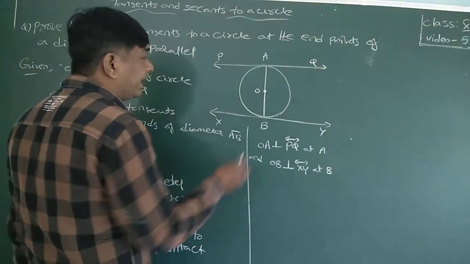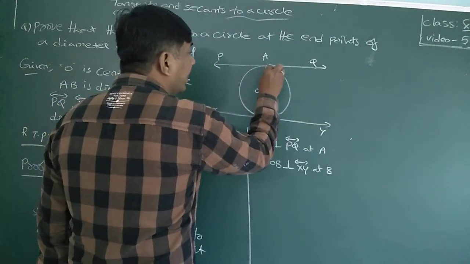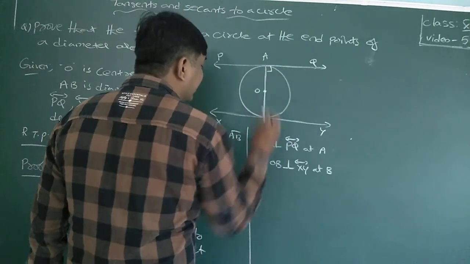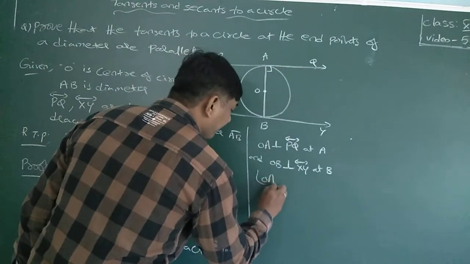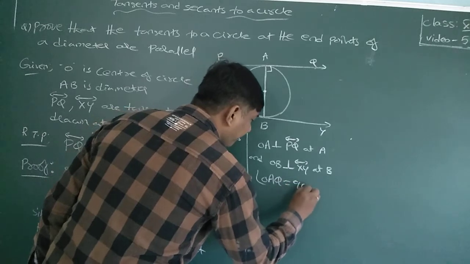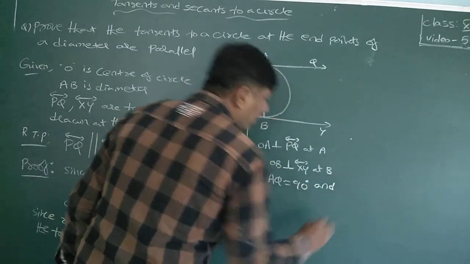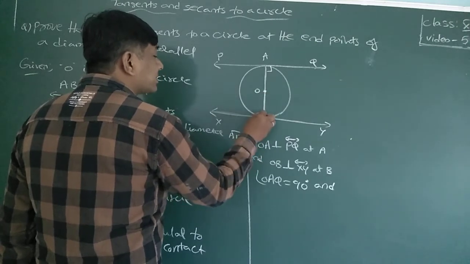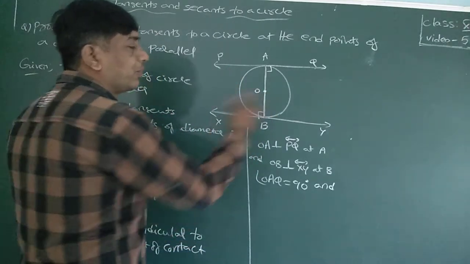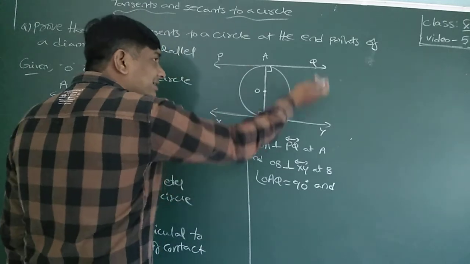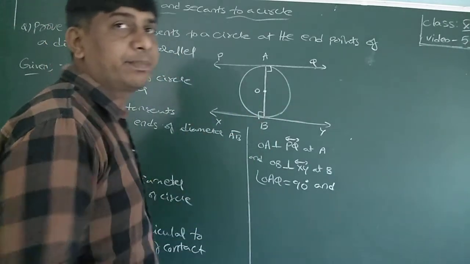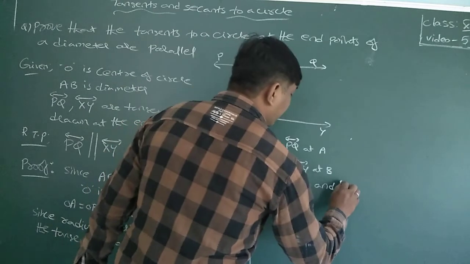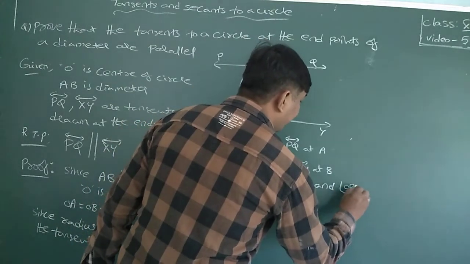Since they are perpendicular, angle OAQ is 90 degrees, and also angle OBX is 90 degrees, because both are 90 only. I am taking this side and that side to use the parallel property.